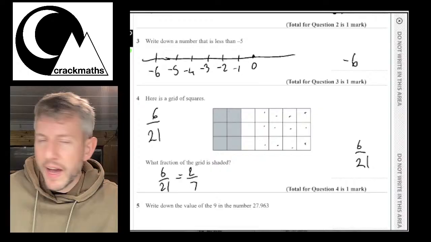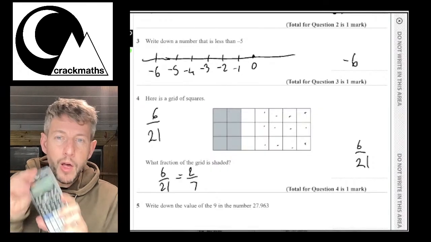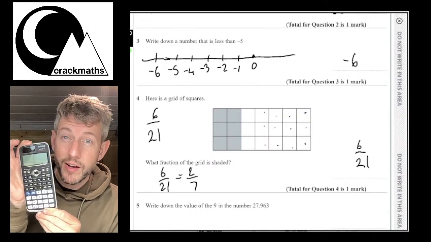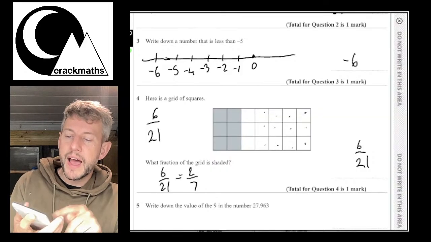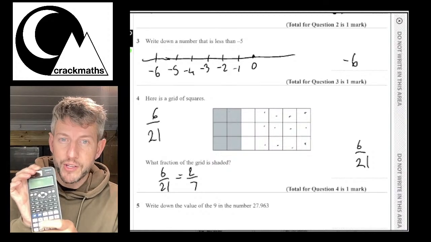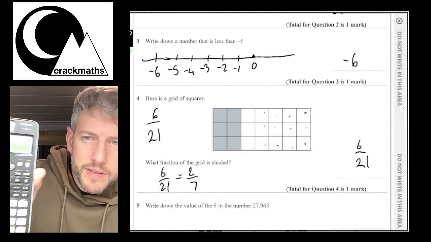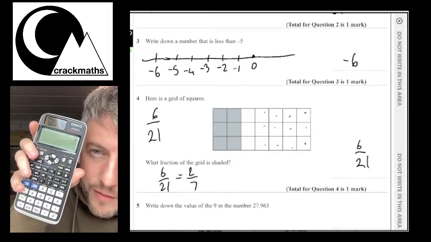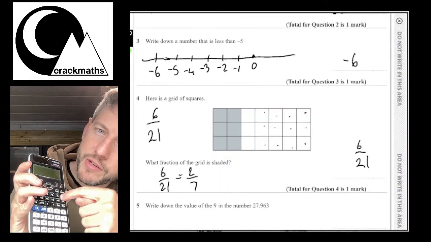Now, because this is the calculator paper, hopefully you'll have a fancy scientific calculator, which means that you can eliminate the need for simplifying fractions. So you might have a button, I don't know if you can see it. There's a button here, and it's the fraction button.